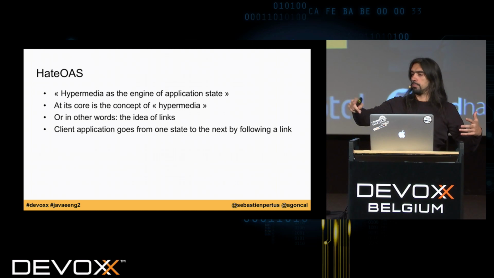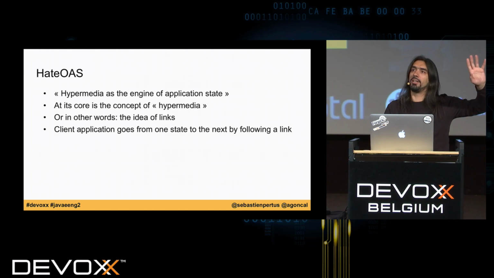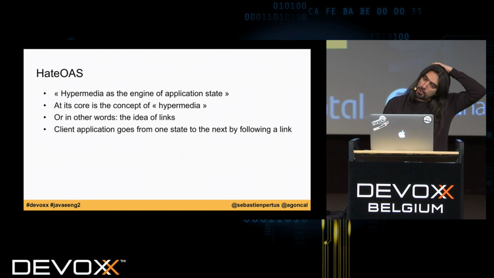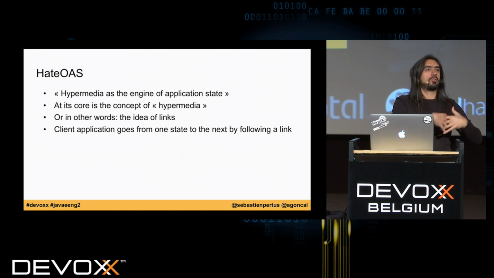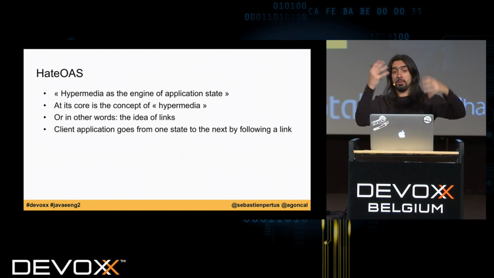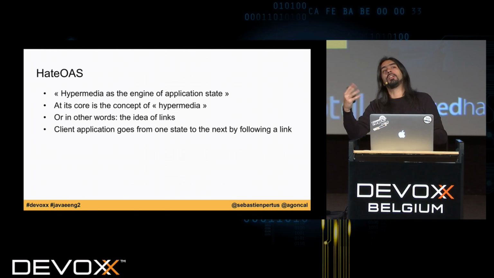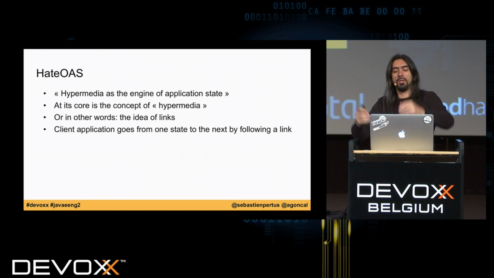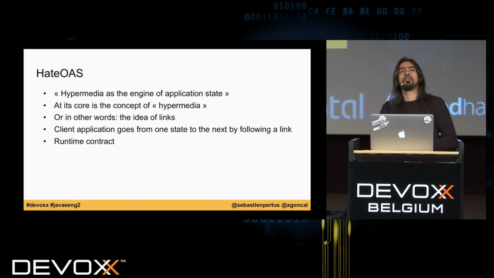We just see a link and click on it, or we see an image and we can see that there's a link behind and we click on it. So as humans, we don't need to know all the contract of this website. We just go there, read, and we know that if there's a link, there's something new behind this link. So this idea of a runtime contract.